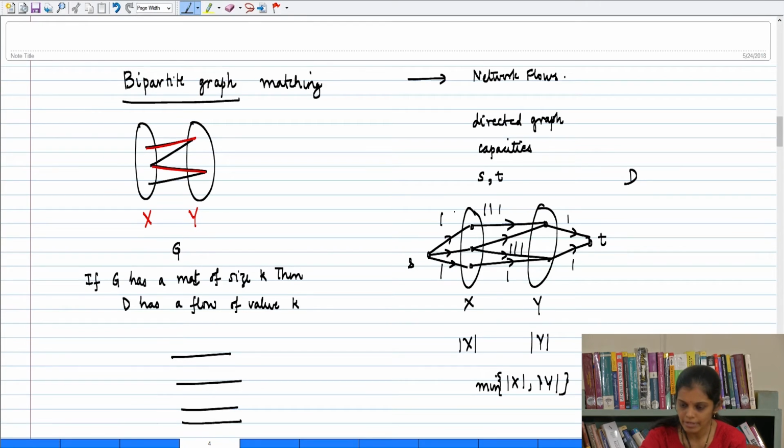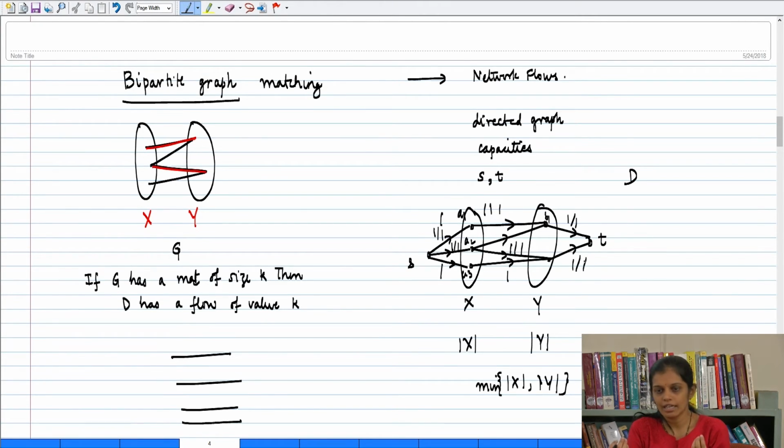Okay, so let me name these. So this is A1, A2, A3. So can you explicitly say, I must give from S to A2 1 unit of flow, right? S to A1 1 unit of flow. Similarly, I should give from B1 to T 1 unit of flow and B2 to T 1 unit of flow. Rest 0, right? So what is your general formula?